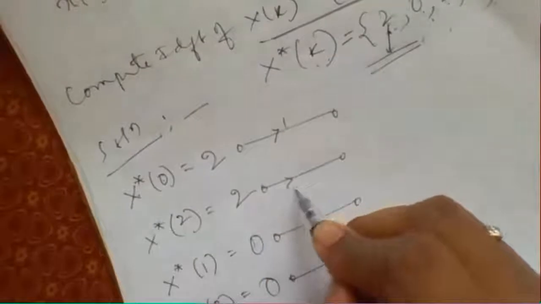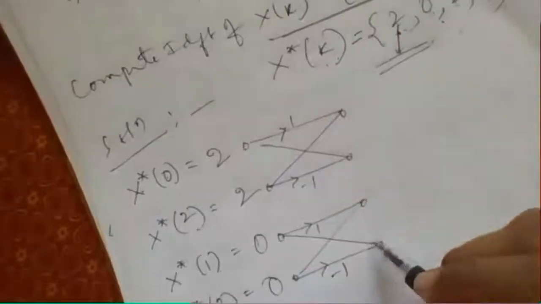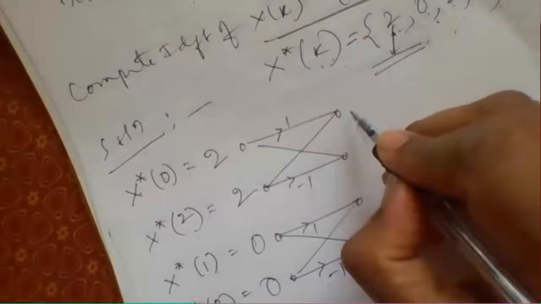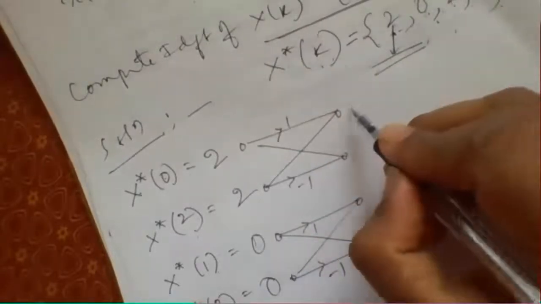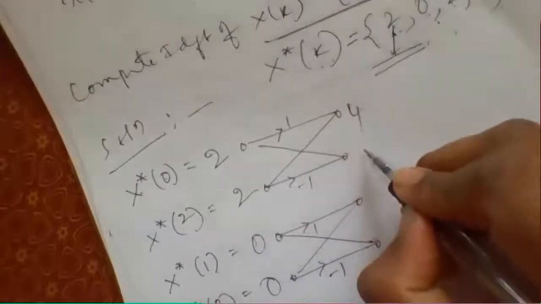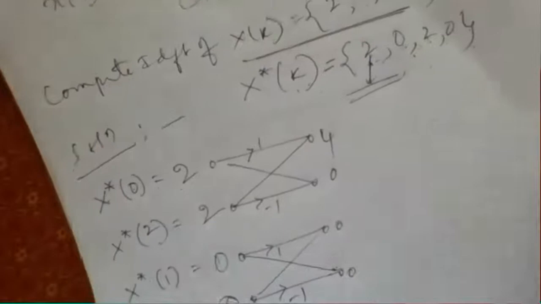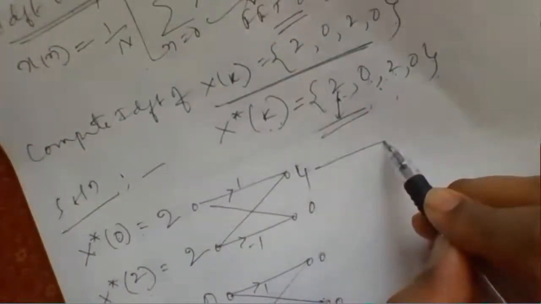Just compute. The first stage results: 2200 are the inputs, so you are going to get 4 0 0 0. These are going as inputs to the next stage.